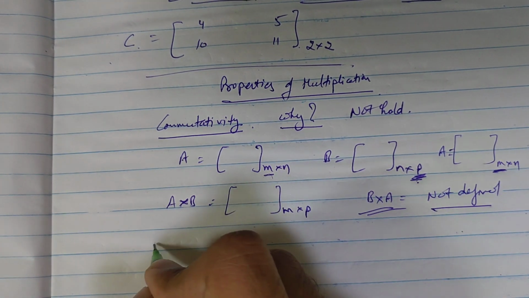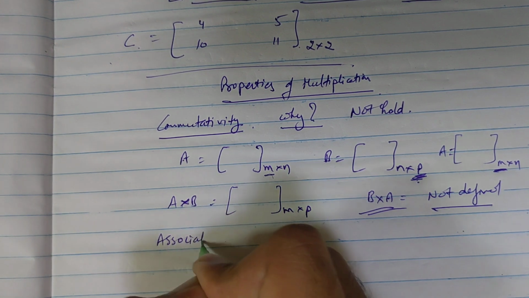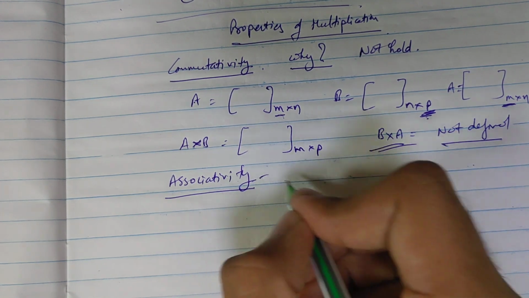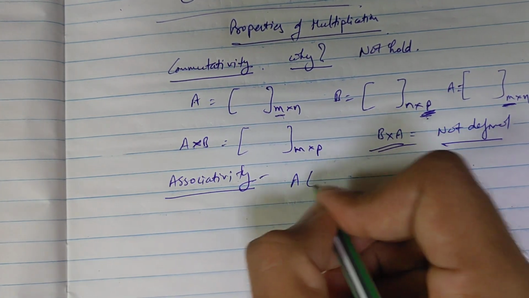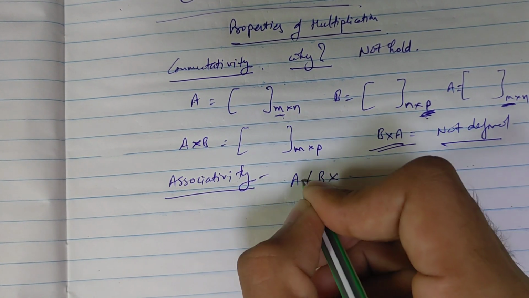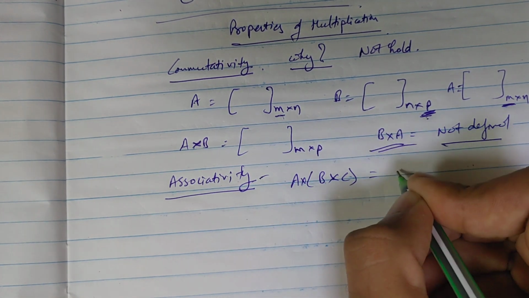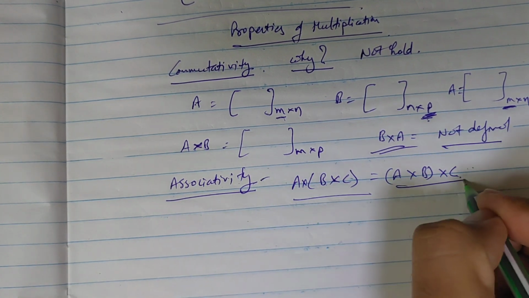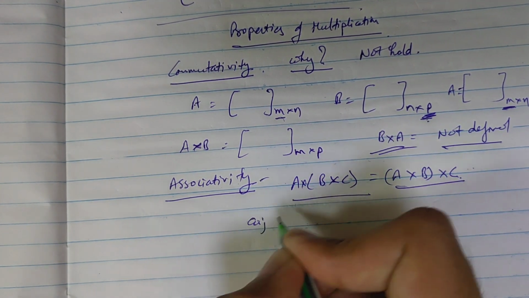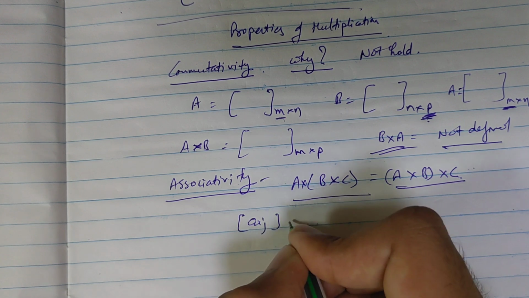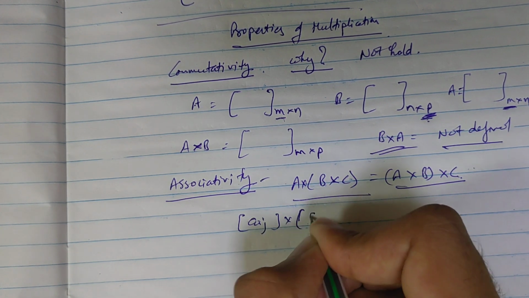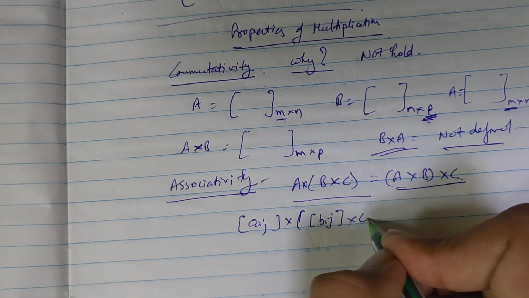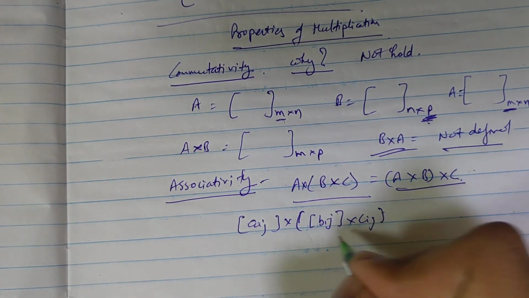Okay, now associativity, as you know, that A multiply B multiply C must be equal to A multiply B multiply C. So this will hold, because if we take Aij multiply Bij, Cij, so these are all real numbers.